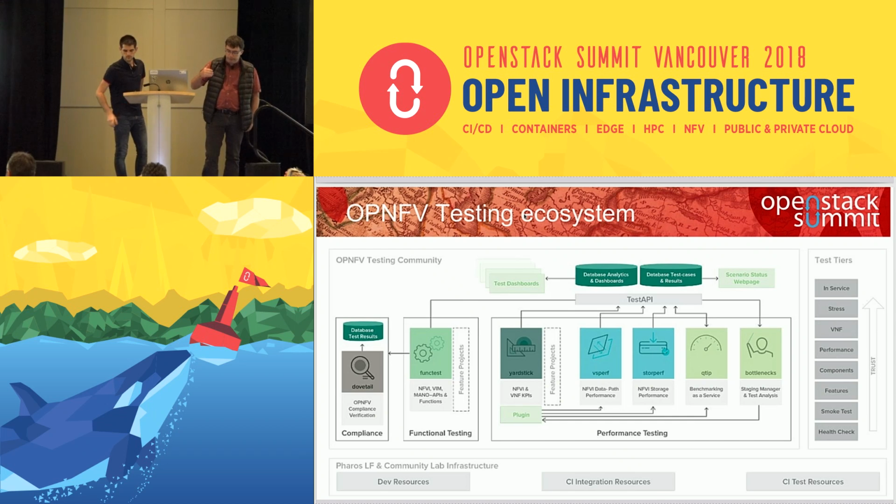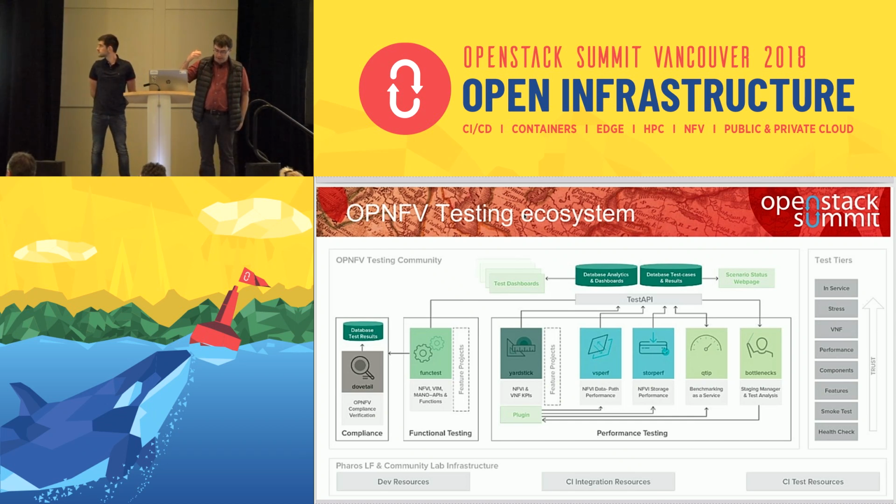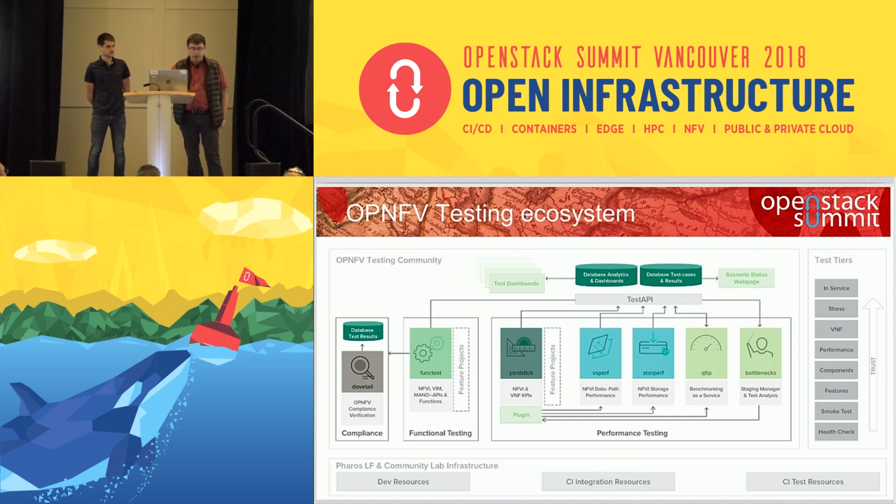So we test the performance, we test the storage, we test the vSwitch performance, the bare metal, etc. So we have a complete ecosystem of testing, and each project can be reused in a CI chain and is currently used for the different CIs in OPNFV. We will focus on how we reuse all this tooling.